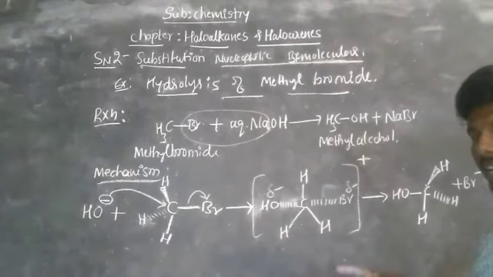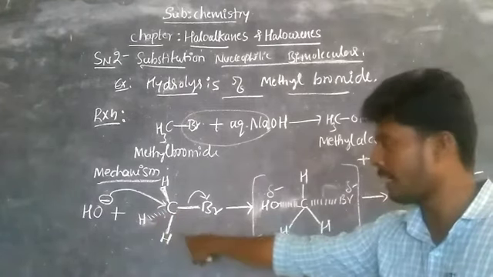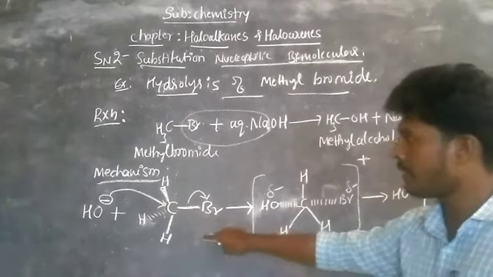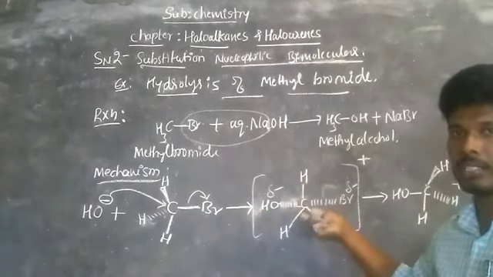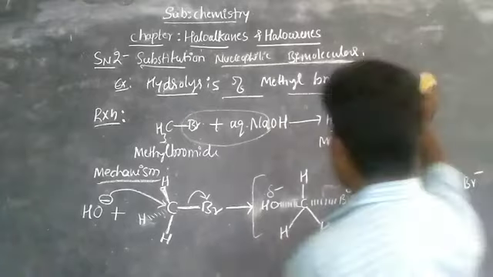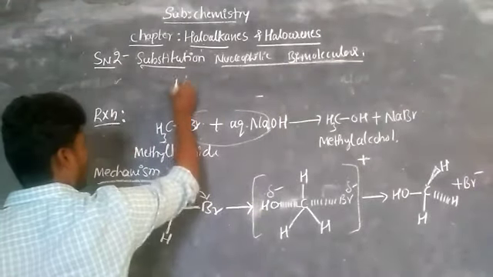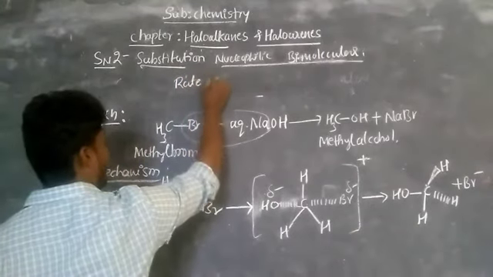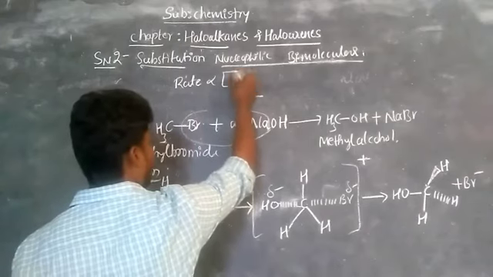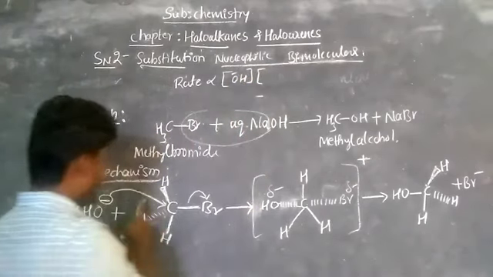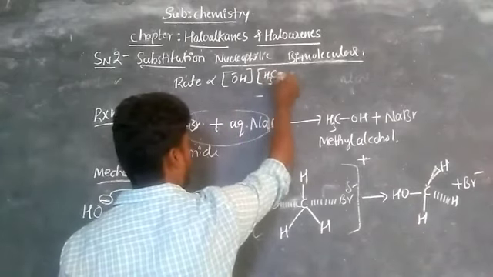Here the rate of reaction depends on both the alkyl halide and the nucleophile. Hence the order of the reaction is 2 and it follows second order kinetics. Hence the rate of reaction is directly proportional to the nucleophile OH minus, and the rate of the reaction also depends on the alkyl halide, that is CH3 bond Br.